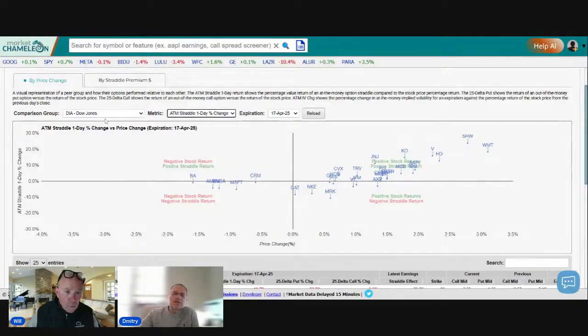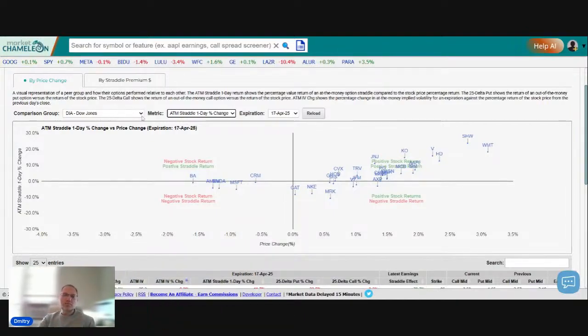By default, it selects a group of stocks, which are the Dow Jones Industrial stocks. If you look at these comparison groups and drop it down, you have some presets, which are different sectors in the S&P 500.